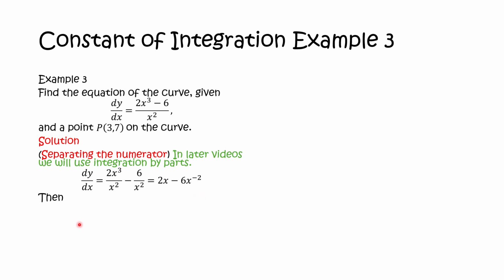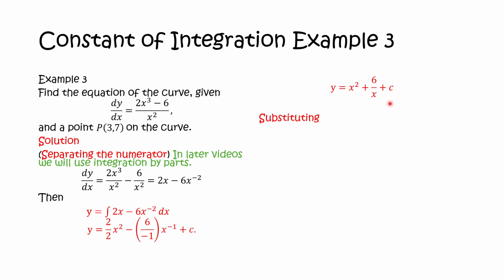Remember the laws of indices that we spoke about. Then we integrate what we have as our new dy dx. Nothing changed really, but just simplifying of our work. So now when we integrate 2x, we get 2 over 2 x squared minus 6 over minus 1, x to the power minus 1 plus c. Right, simplifying that, we would get y is equal to x squared plus 6 over x plus c.